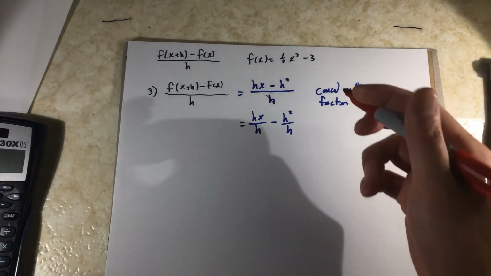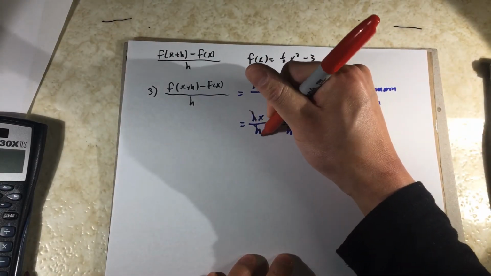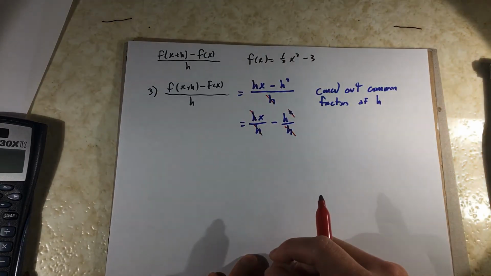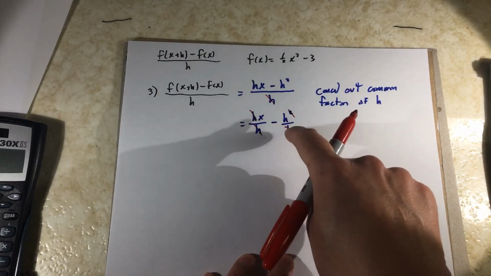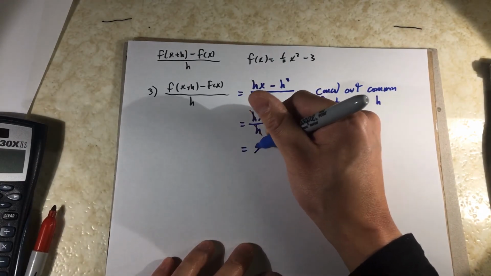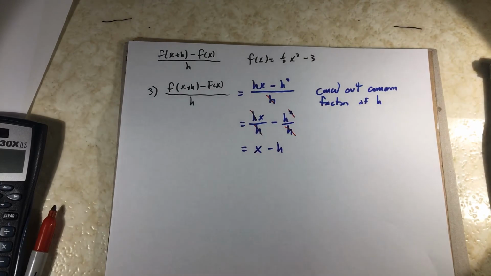Okay, and then we can cancel out common factors. So we have an h that cancels out with this h. For h squared over h, the denominator cancels out one of those. So what you get for this is x plus 1/2 h. All right.